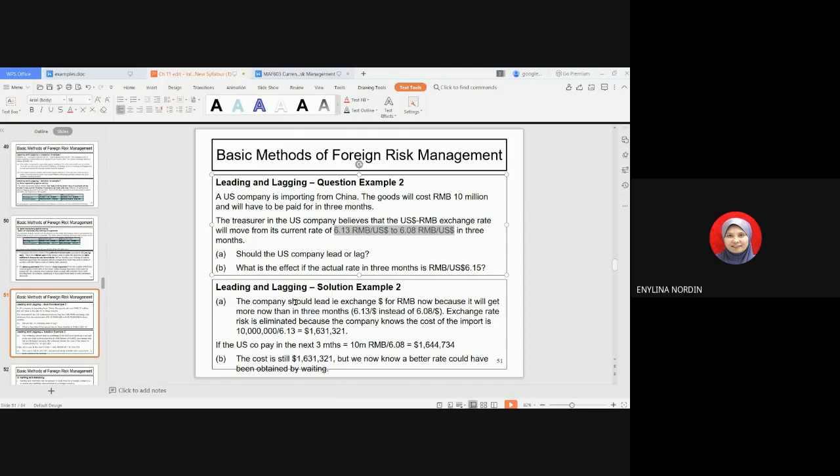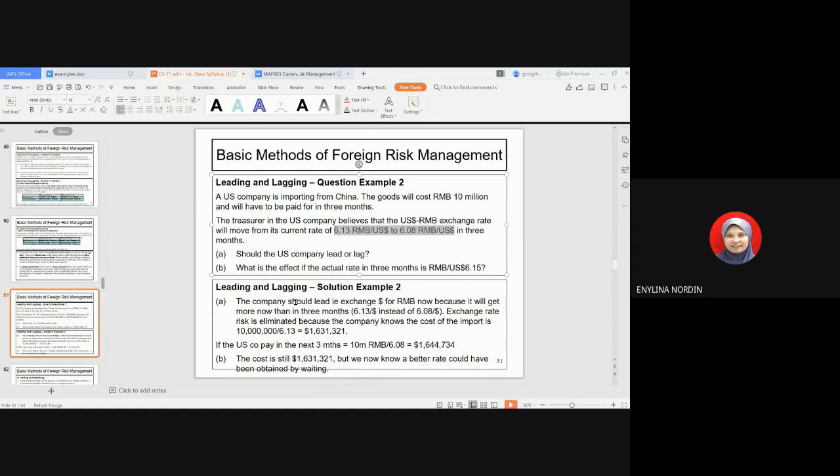Since the US company will pay the import in RMB currency, which is expected to appreciate in 3 months' time, that means there will be more dollars converted into RMB in 3 months' time.